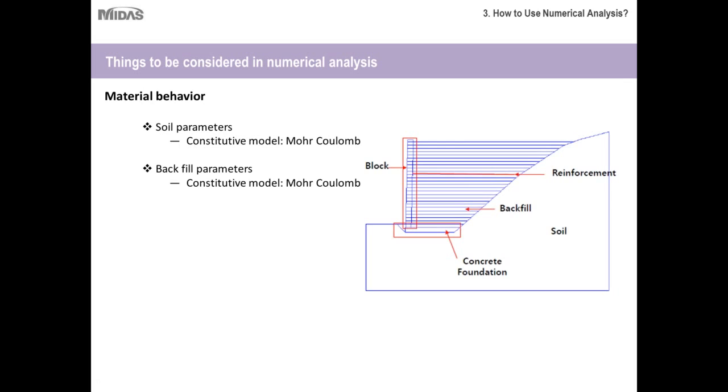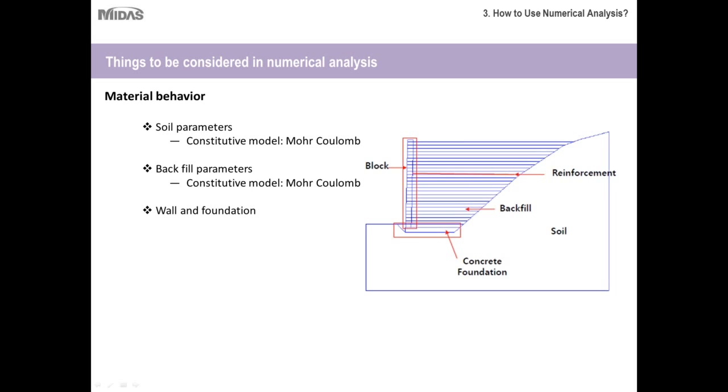Most commonly used is Mohr Coulomb, and similarly for backfill parameters, you can choose Mohr Coulomb as the constitutive material model. Since the two soil types might be different but still behave as per Mohr Coulomb, their parameters could be different. So separate field tests should be performed for backfill material and soil material, and use those appropriate parameters for definition of these models. This is very important.